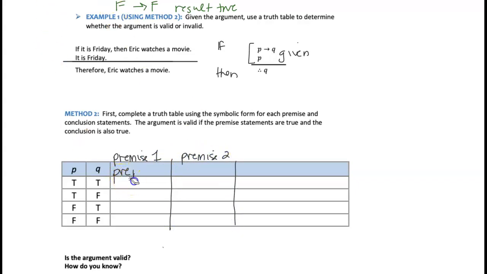In this case, premise statement 1 is a conditional. If P, then Q. Remember that the direction is important. In this case, P is our if portion, our antecedent, and Q is our then portion, the consequent. So true implies true, true implies false, false implies true, and false implies false.